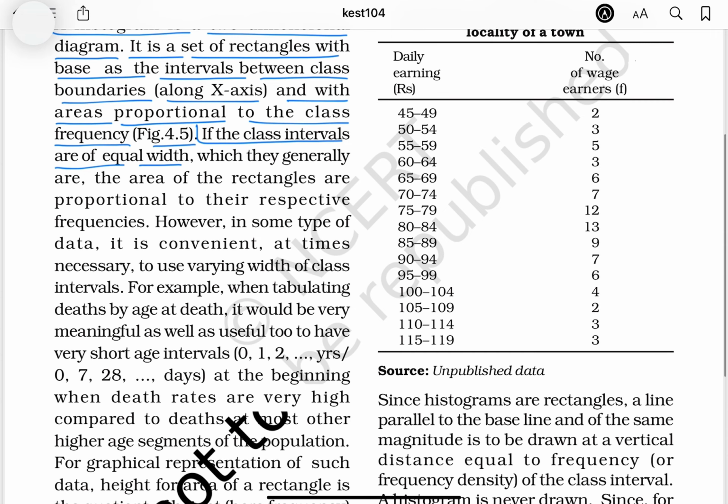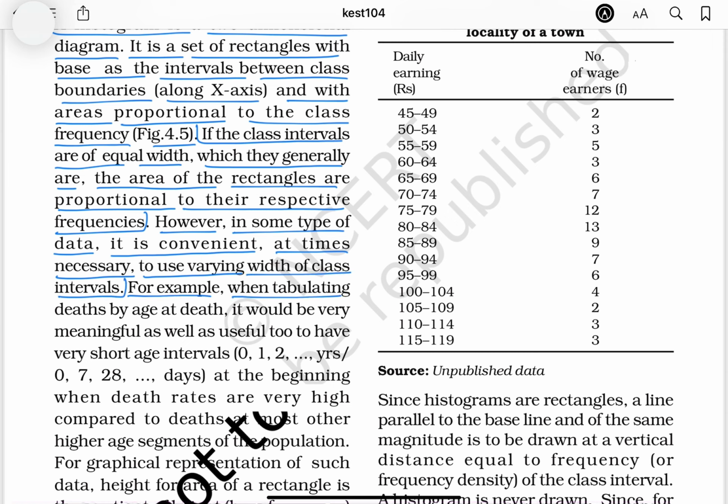If the classes are of equal width, which they generally are, the areas of the rectangles are proportional to their respective frequencies. However, in some types of data, it is convenient, at times necessary, to use varying widths of class intervals.